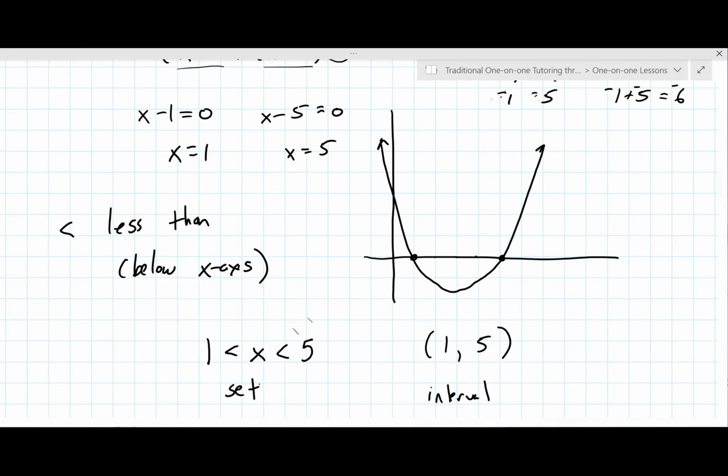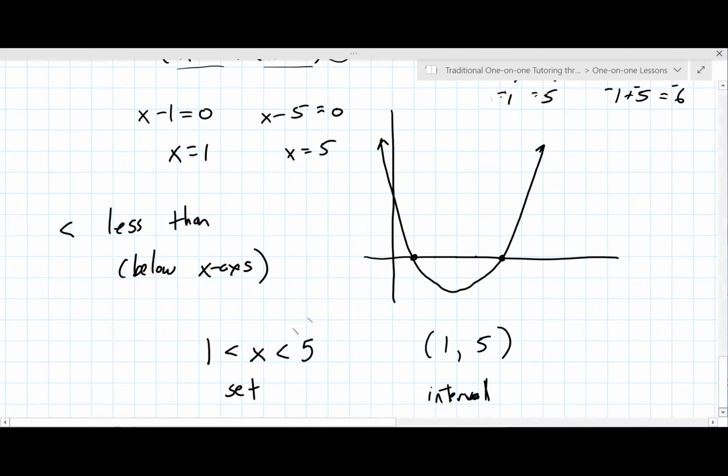Interval is the coordinates, and the set is the inequality stuff. Okay. I got it down.